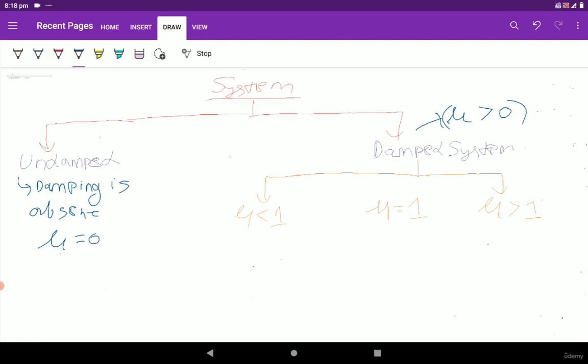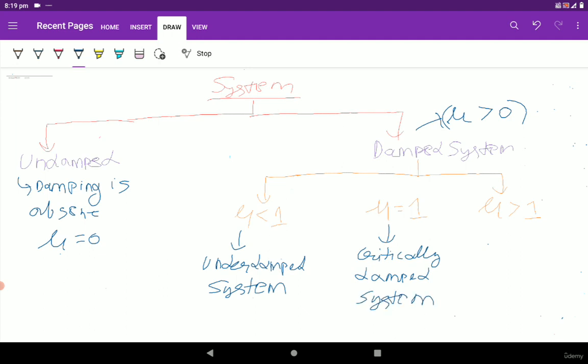When damping factor is less than 1, we call it an underdamped system. When damping factor is equal to 1, we call it a critically damped system.